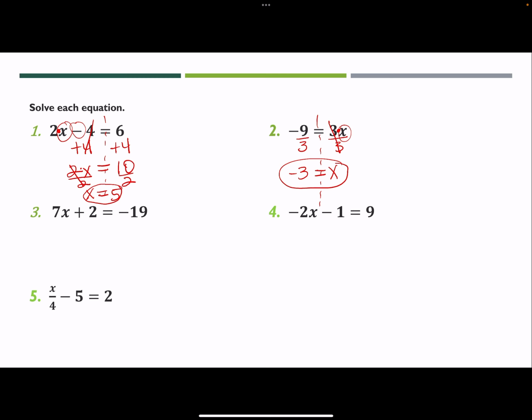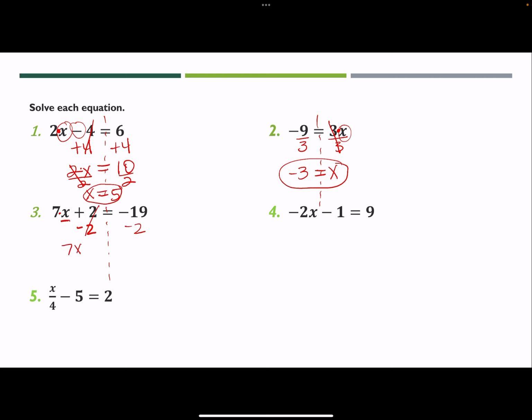Okay, number 3. So here's the equal sign. I have the x's here. 7x means 7 times x. 7x, or 7 times x plus 2. So again, I'm getting rid of that plus 2 first. The inverse operation of adding 2 is subtracting 2. I'm subtracting 2 from both sides.